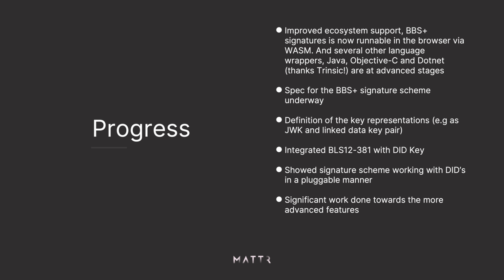We've shown how that signature scheme works with DIDs in a pluggable manner, so it's really easy to use BBS Plus signatures with DIDs across methods. Then we've also done a lot of the significant work towards the more advanced features that we'll talk about later in this presentation.